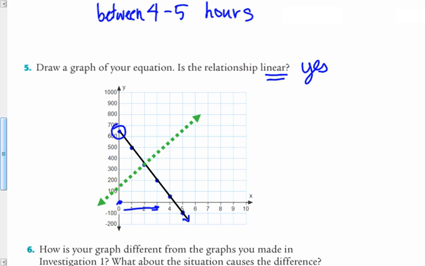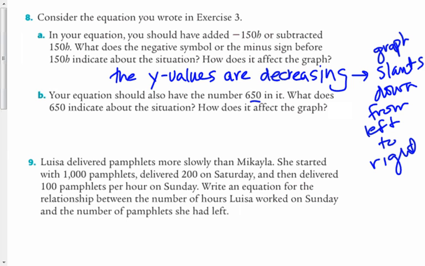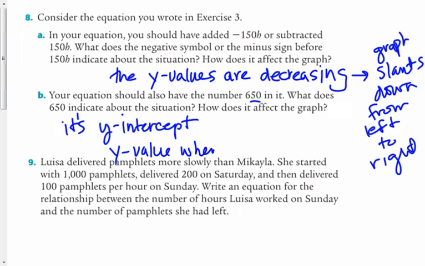Some of you learned last year that that's called the y-intercept. So we can say this a couple of ways. It's the y-intercept. It's the output value when the input is 0, so the y value when x is 0.